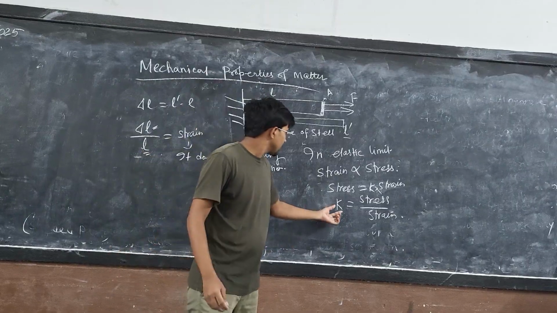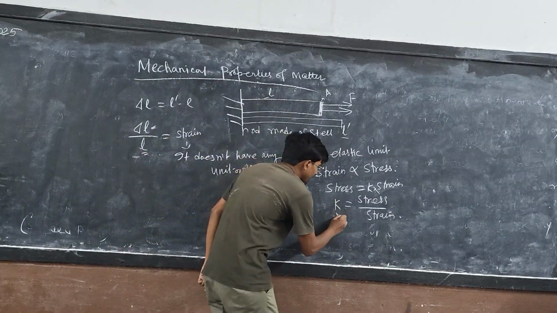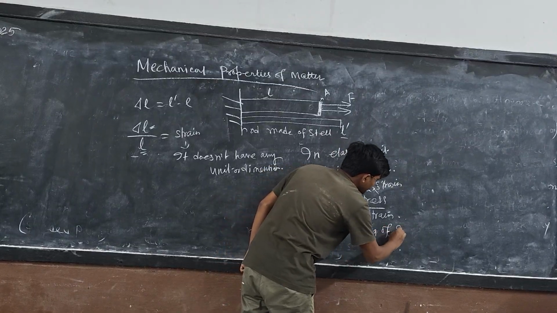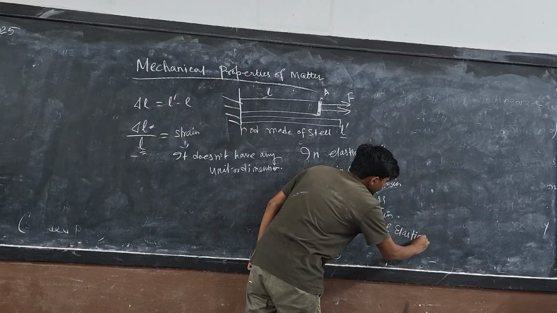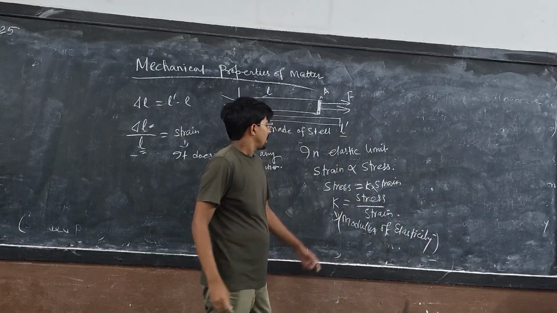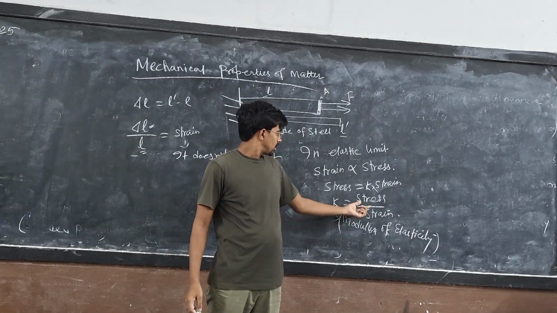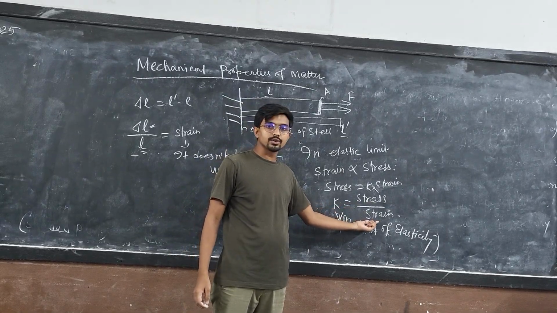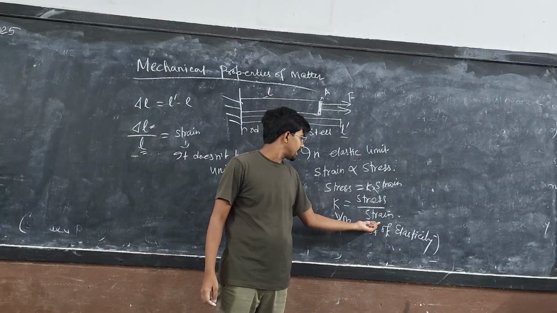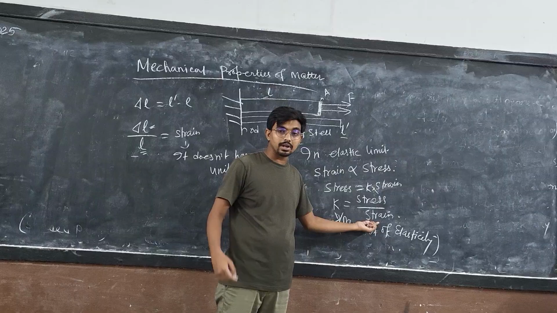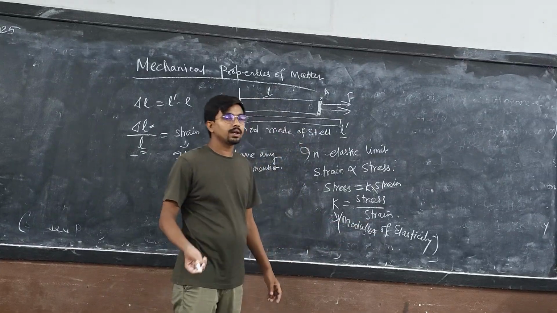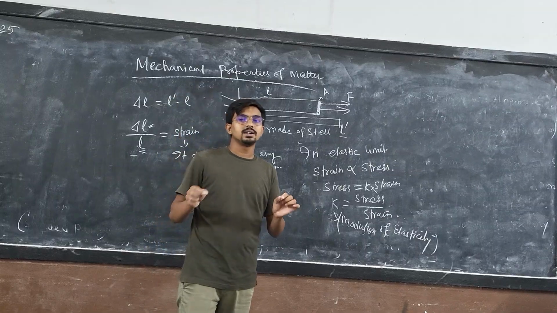And you will see here this modulus of elasticity has the unit of stress, as strain is unitless. It has the dimension of stress, as strain is dimensionless. So we can say modulus of elasticity and stress both have the same unit.